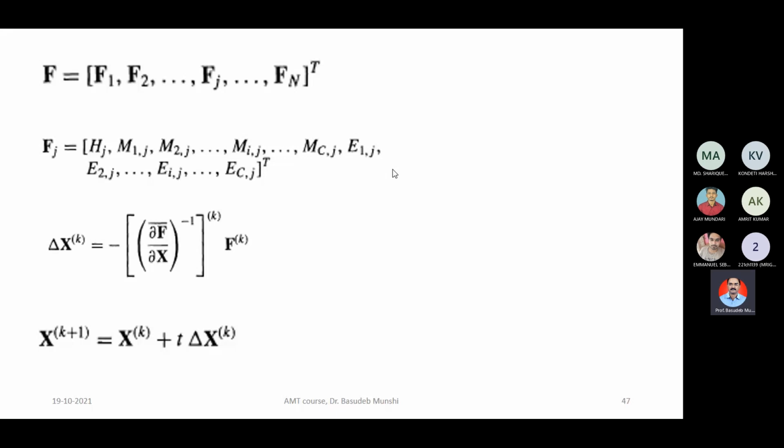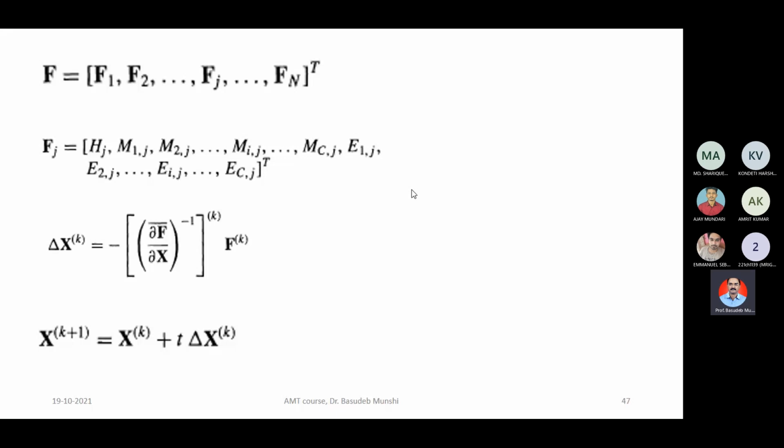We had 2C plus 1 into n unknown variables, and we now have 2C plus 1 into n equations, so we can get a unique solution. This is how we identified the number of variables and the number of equations.